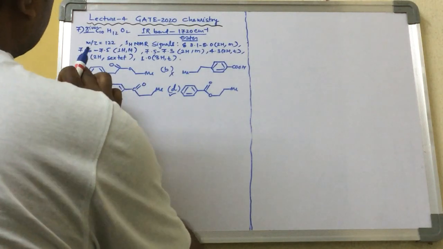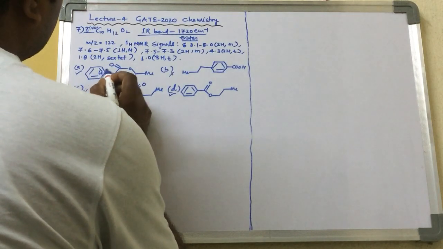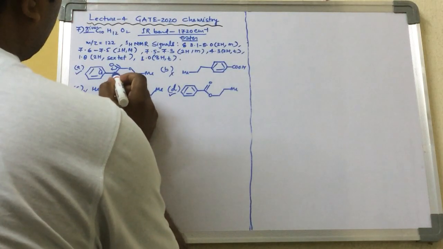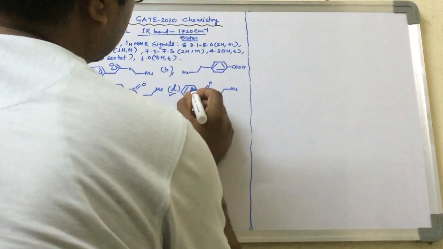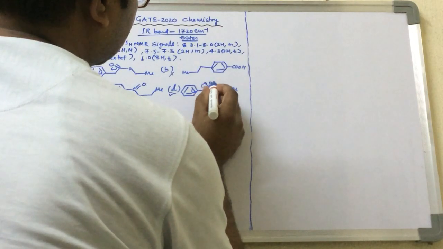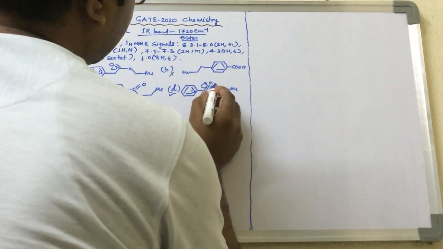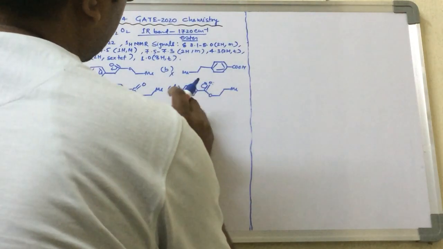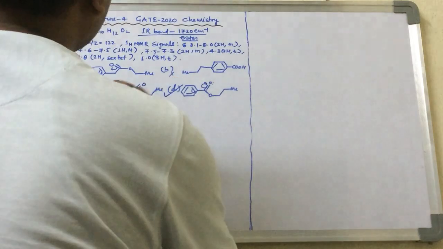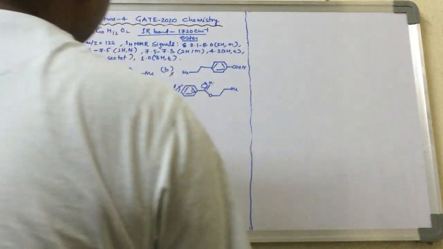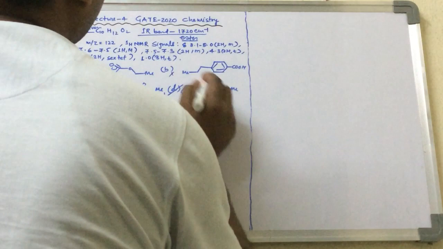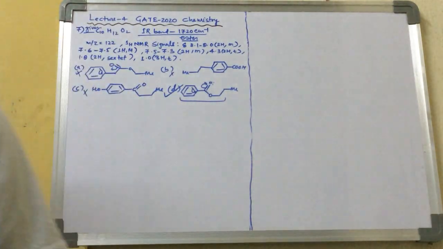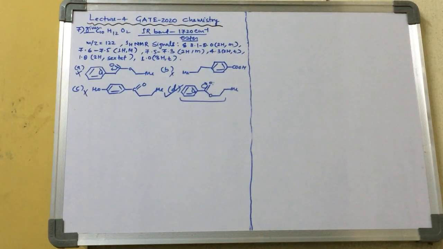Also this is not in conjugation, but this one is in conjugation, like this. This is conjugated, that's why the correct option is this, not this. So the correct option is this, and you can fit all these data, and this compound will fulfill them. So hopefully you understood.